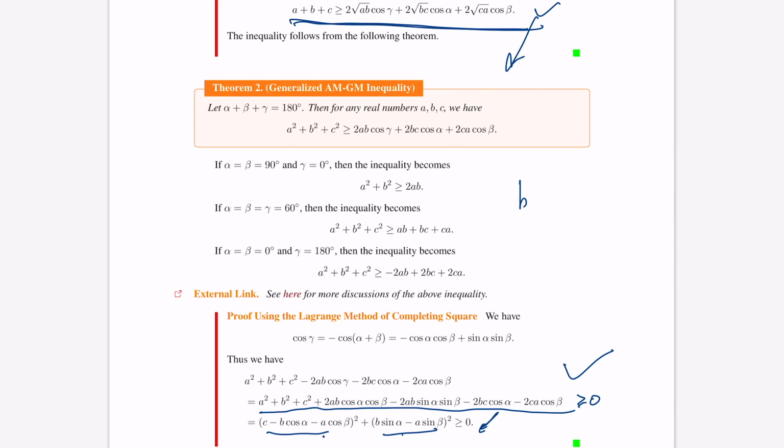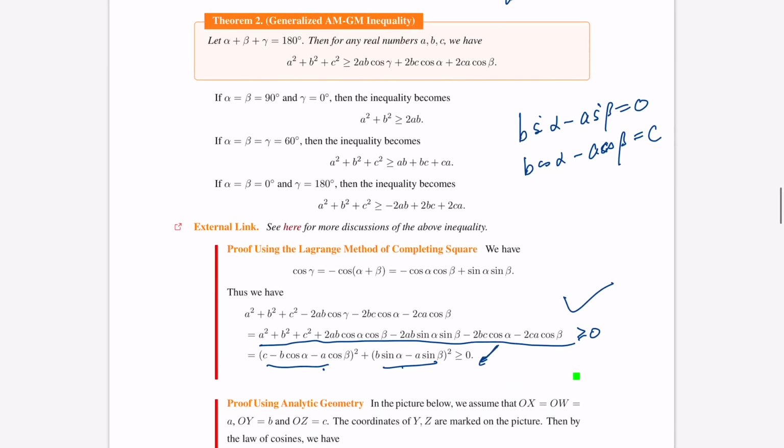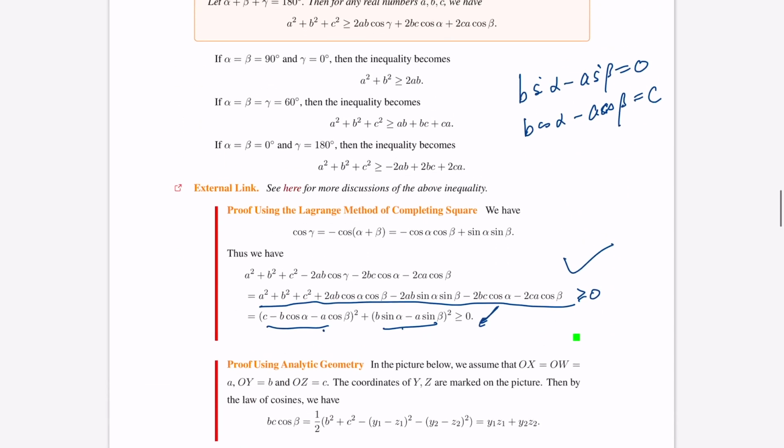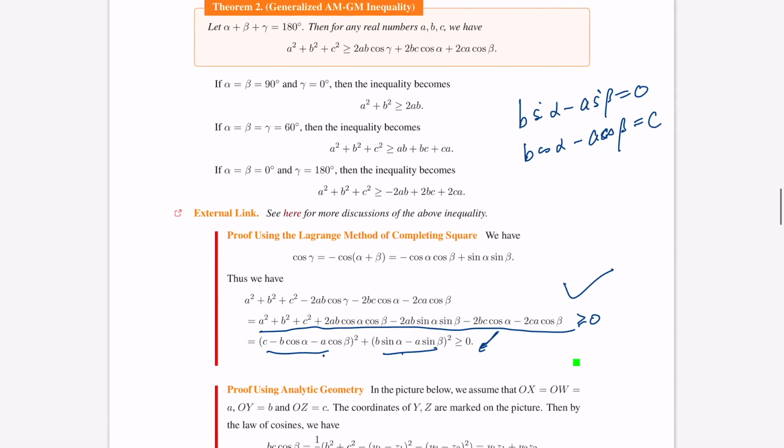So B sine alpha minus A sine beta equals 0, and B cosine alpha minus A cosine beta is equal to C. And you can actually solve for B and A in terms of C. That will let you identify under what case A, B, C the equality would be true. Okay, so I will put this as one of the exercise problems.